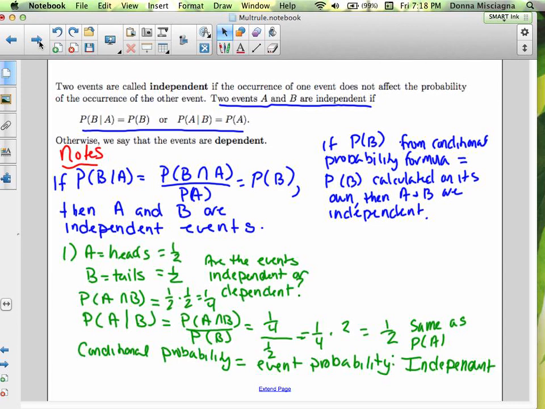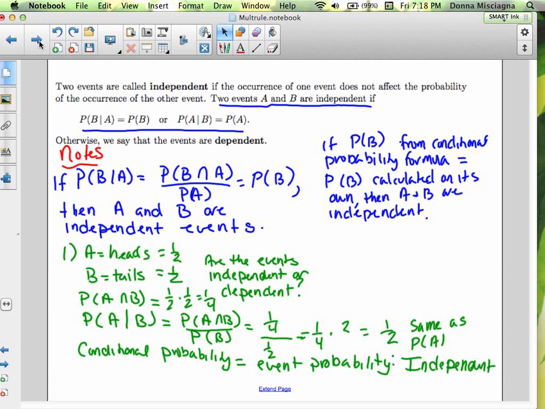I only wrote it one way, just calling it event B, so that we don't have to write it twice. It doesn't really matter. So the probability of B given A is the conditional probability formula.